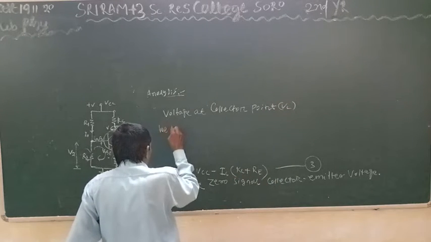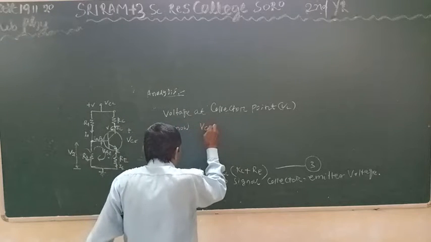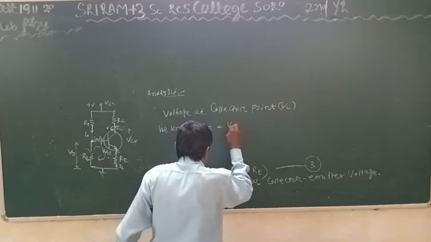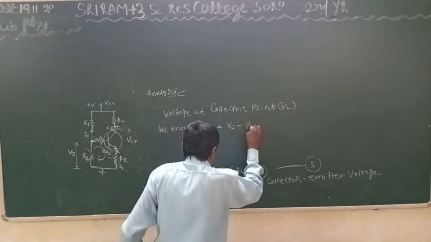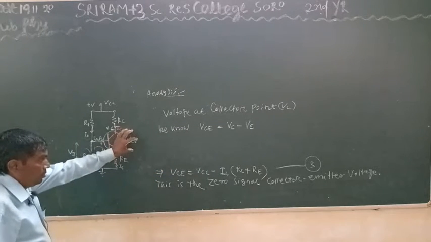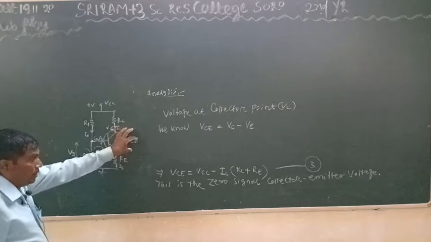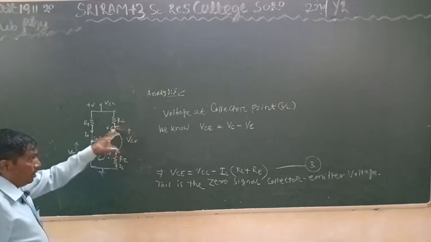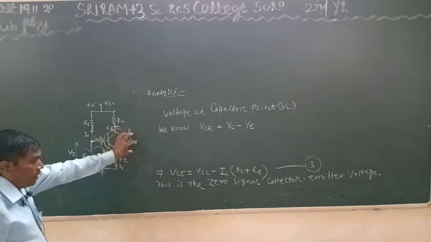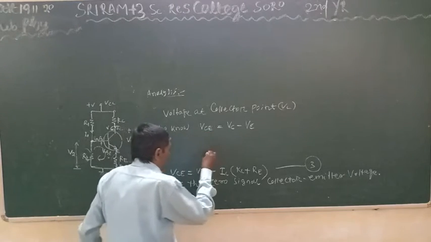But we know VCE equal to VC minus VE. How? Here is the emitter to collector voltage; we subtract VE from VC, and we get VCE. Now VCE equal to VC minus VE.